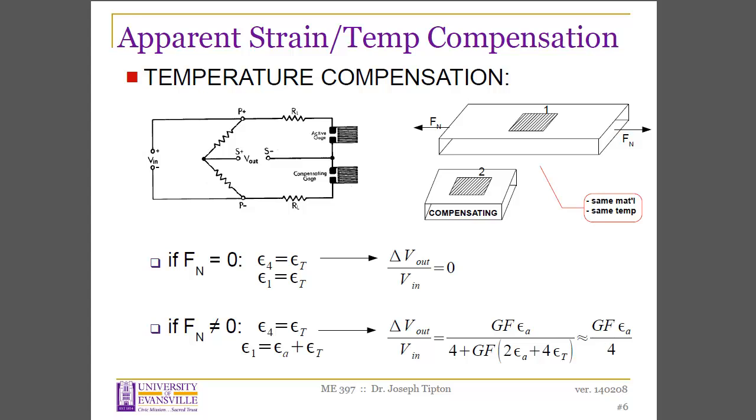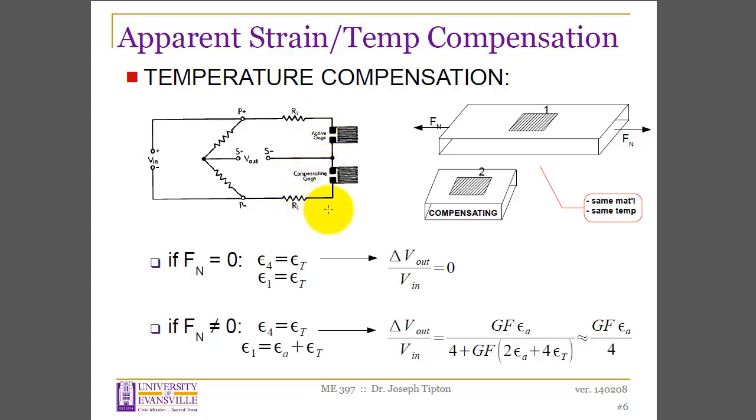So let's assume in this situation where we want to measure a mechanically induced strain and we do not want to measure a temperature-induced strain. How can we achieve that in our measurement? We'll come over here to our Wheatstone bridge, and we'll take arm 1 on the Wheatstone bridge, and we will replace it with, we'll call it our active strain gauge.